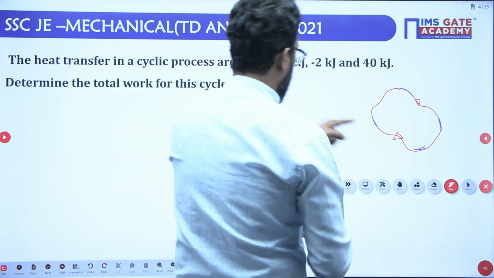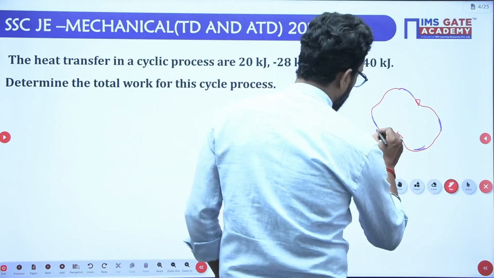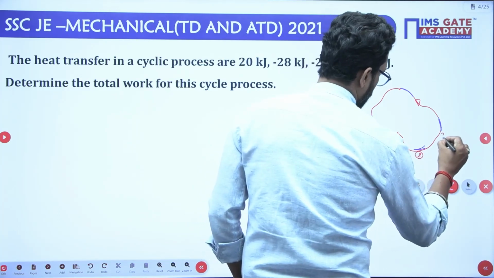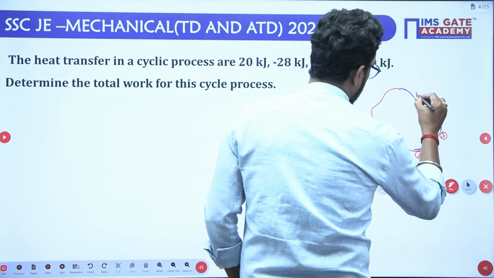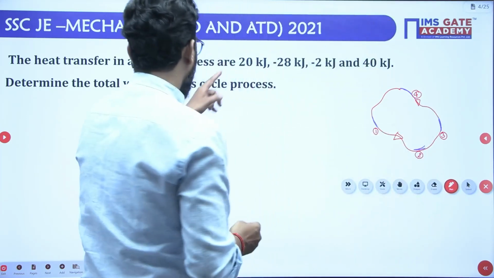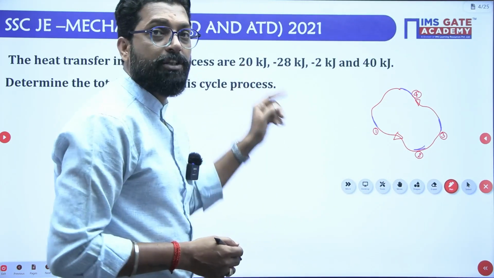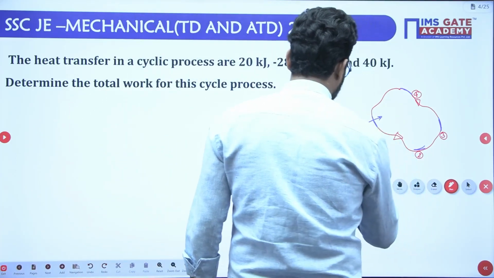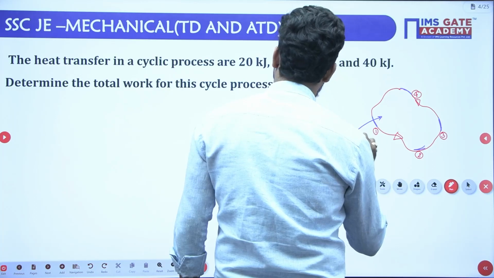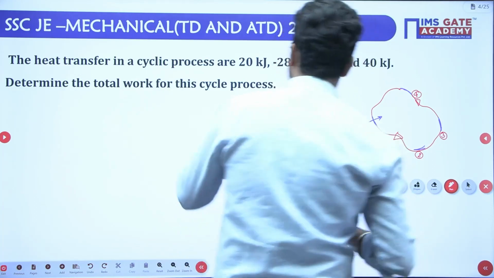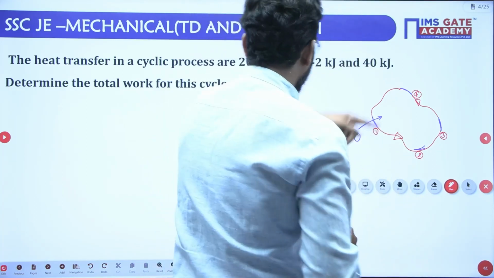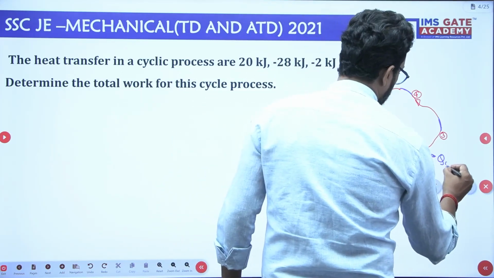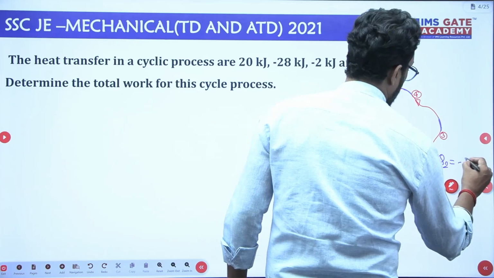In this one, let's suppose this is the first boundary, second, third, and fourth. For the first boundary, the heat is positive, that means heat is added. This is your Q1, and Q1 is 20, all in kilojoule. For Q2, heat is rejected, and Q2 is minus 28.